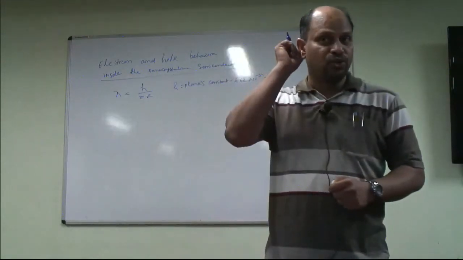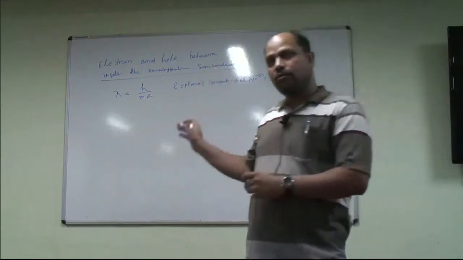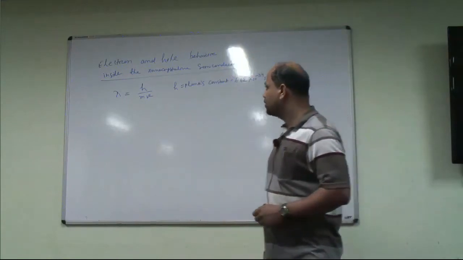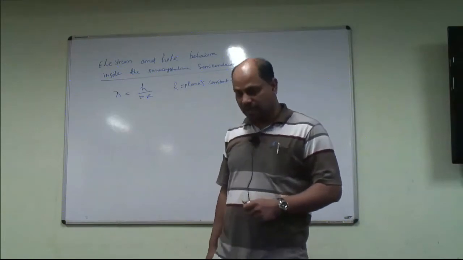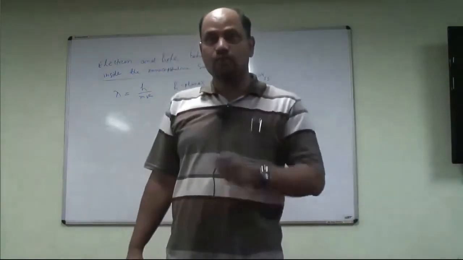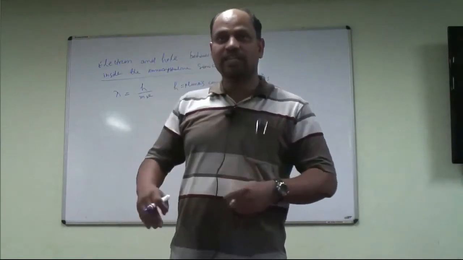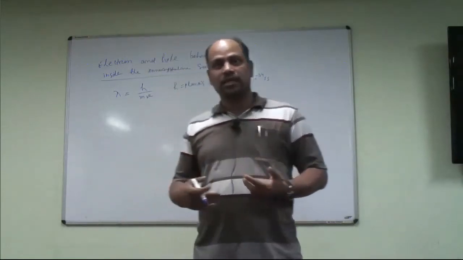Now we are going to use this simple formula and understand the behavior of electron and hole inside the nanocrystalline semiconductor. Now let us understand what happens to the electron and hole inside the semiconductor.